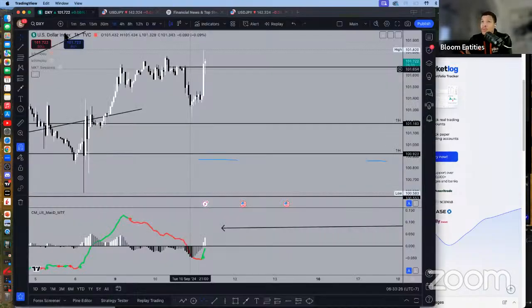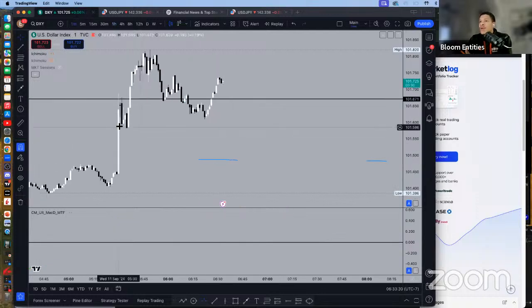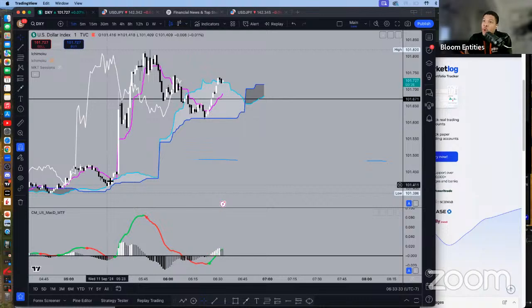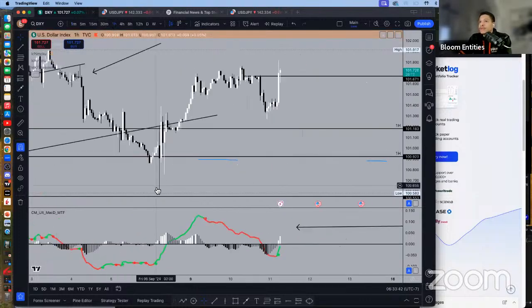And what did we see on the news folder? We saw that initial coincident type of movement. And what did it do? It confirmed this previous trend, right?